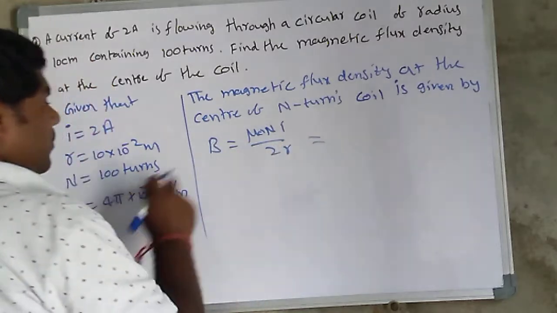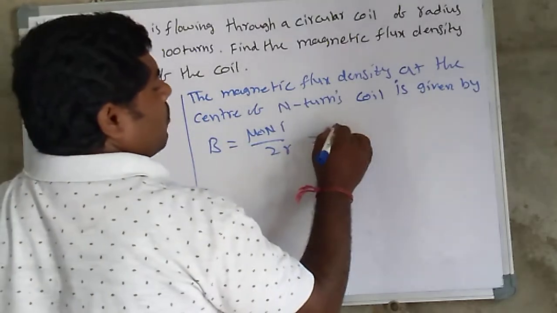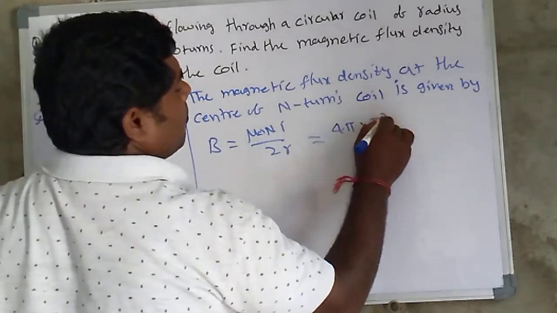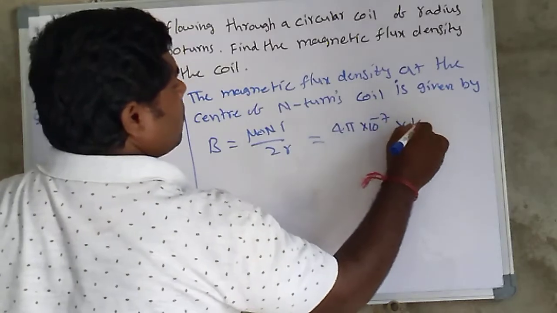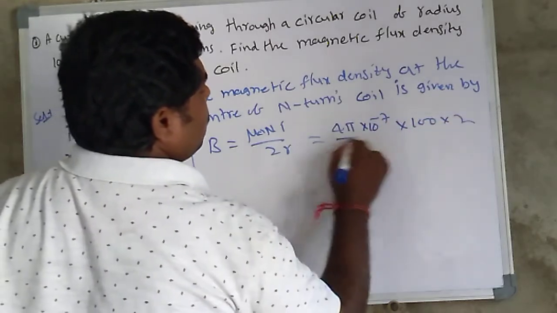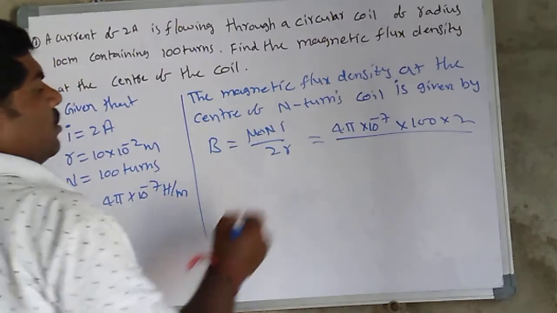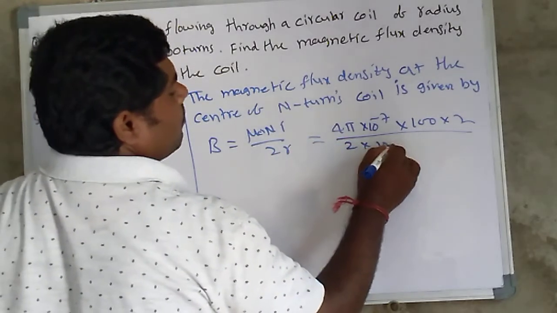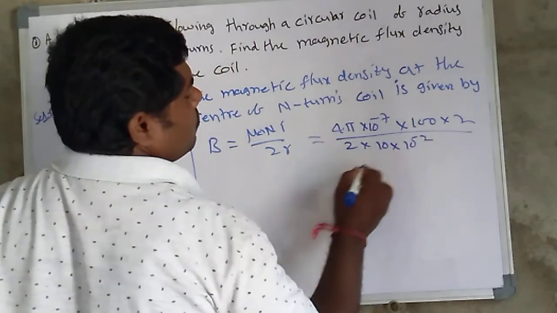So here mu naught is 4 pi into 10 to the power of minus 7, into N, which is 100, I is 2, divided by 2 into 10 to the power of minus 2.